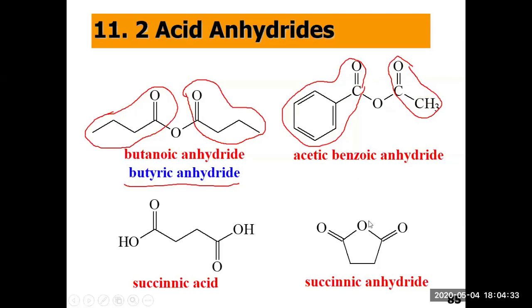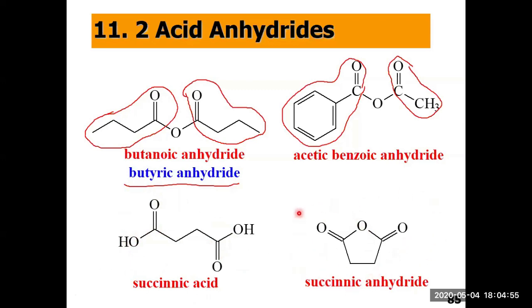All right, so acid anhydrides are normally prepared by reaction of 2 moles of carboxylic acids. Now, let's take a look at this specific example here. So you have here succinic acid, which is a dicarboxylic acid, and this can actually cyclize to form what we call succinic anhydride.